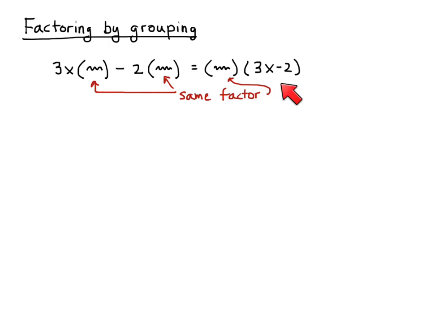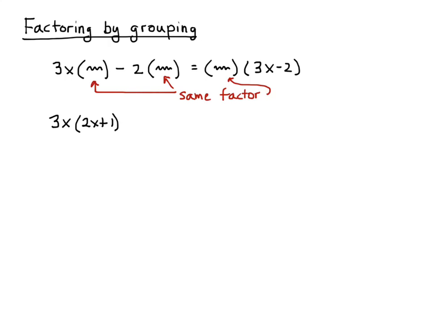Hopefully this visually is a little easier to see, because you can imagine this just being a number or a letter. If this was an A here and an A there, you can factor out the A and you get 3x minus 2. But it can also be an expression, a binomial or a trinomial as well.